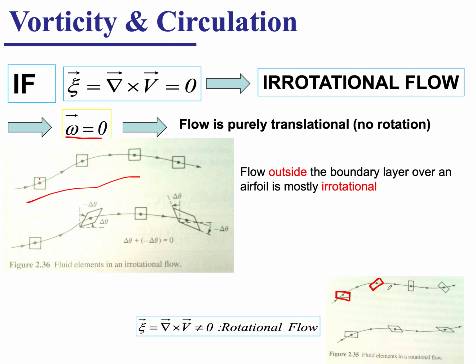So this fluid element is rotating around its axis as it's translating, while here it's purely translating without any rotation. So you want to make this differentiation between rotational and irrotational flow. The rotational flow exists inside the boundary layer, while an irrotational flow would exist in the free stream outside the boundary layer.